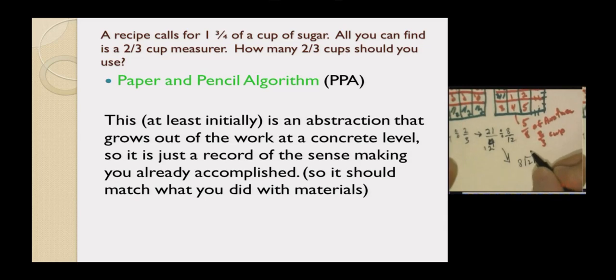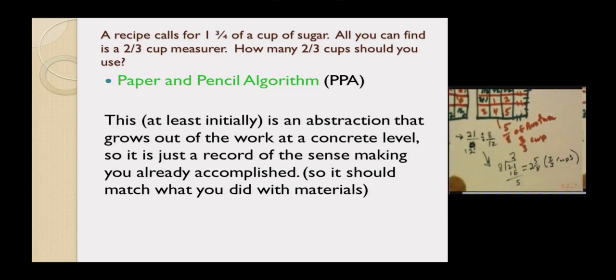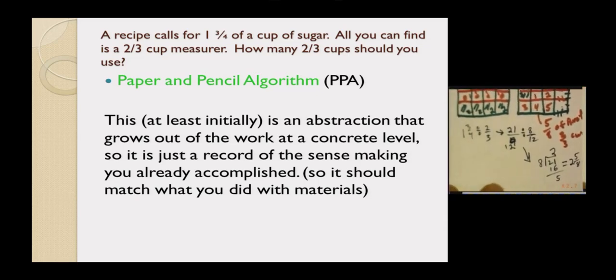I know I can get 2 groups of 8, and there's 5 left over, and so I'm very comfortable with saying that is 2 5/8. But what are those? Those are 2/3 cups. Okay, so I hope that makes sense, even with the little correction there.